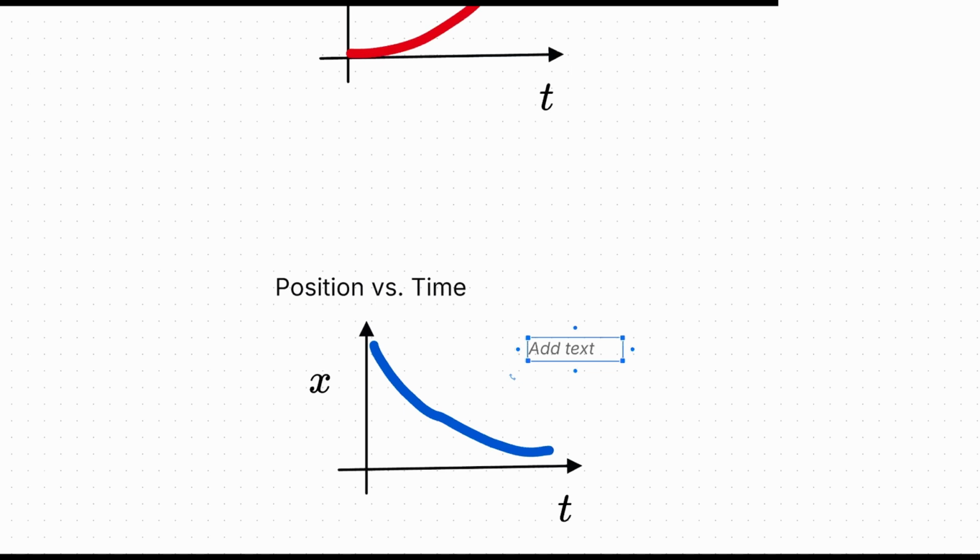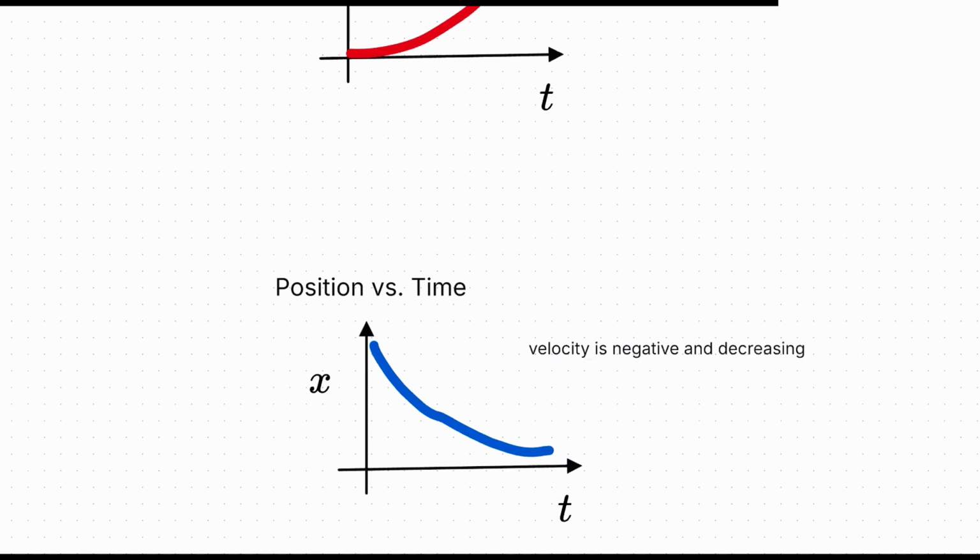From left to right, it gets flatter. So we can say that velocity here is decreasing. Now, if you draw a tangent line to the curve, you need to draw a line with a negative slope. So therefore, your velocity is negative and decreasing.